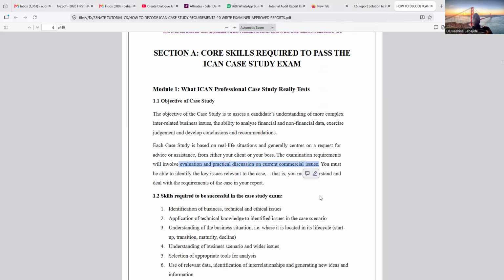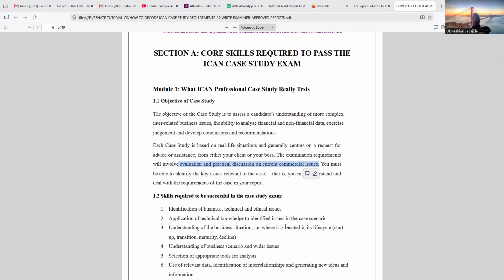You must be able to identify the key issue. So one of the main things you must know is how to identify the issue. What are the issues? I am going to tell you also when we are talking about issues. Because if there is no issue, there will not be anything like a case study. It's because there is an issue that you have a requirement and the examiner is able to test your knowledge on that.